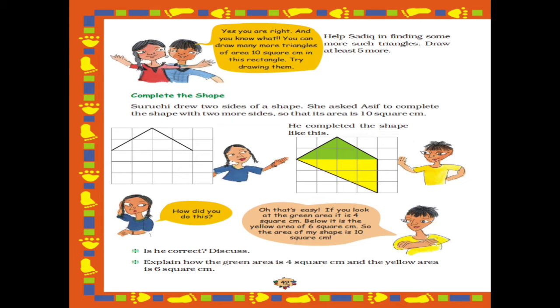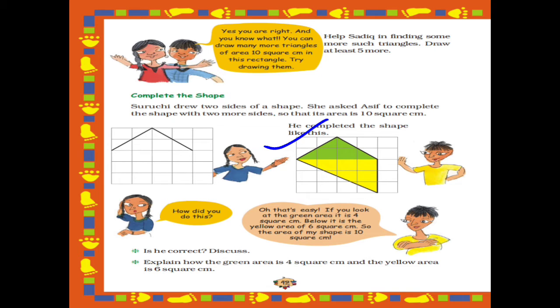So let's see what Asif has done. He has drawn this shape. He completed the shape like this. Now Suruchi is thinking, how did you do this? Asif says, oh, that's easy. If you look at the green area, it is 4 square centimeter. Below it is the yellow area of 6 square centimeter.